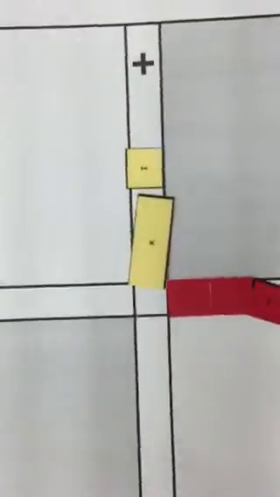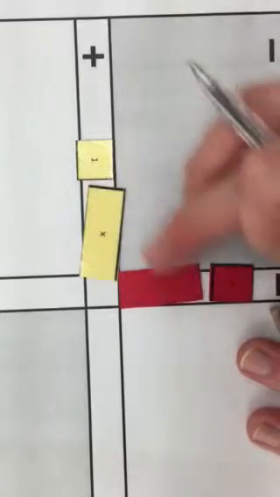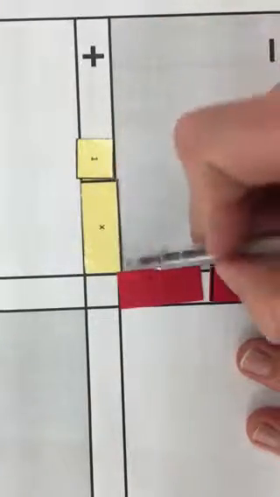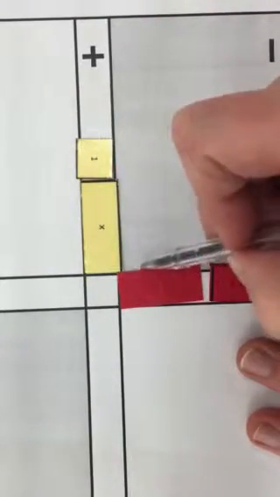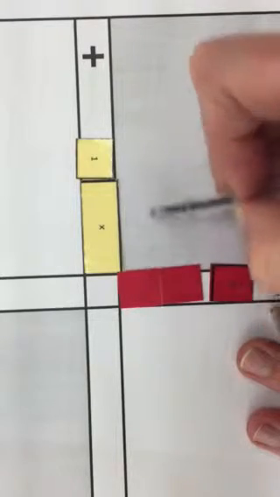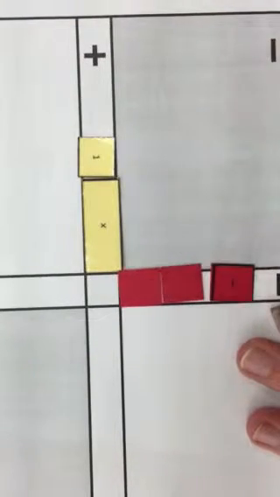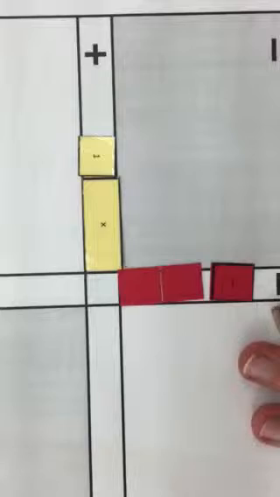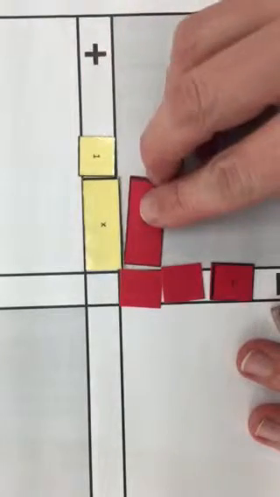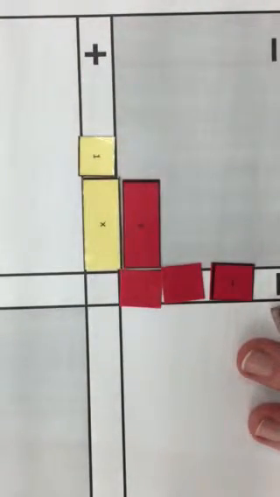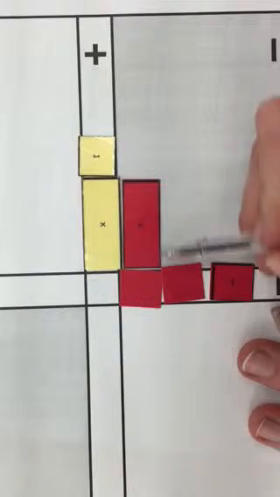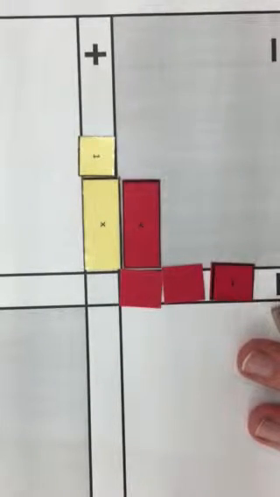Okay, so let's look at this. What shapes are going to fill this area out? What shape is this long and this wide? Well, a rectangle would be this long and this wide, and we know it's negative, so we're going to need a negative rectangle right there. And same thing, we need another shape that's this long and this wide. That's another negative rectangle.